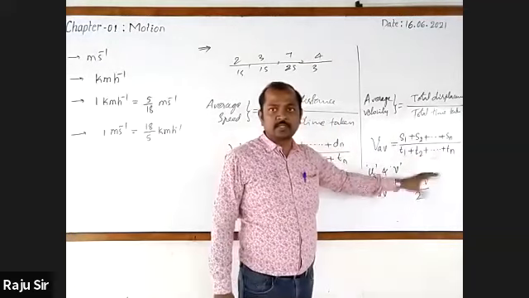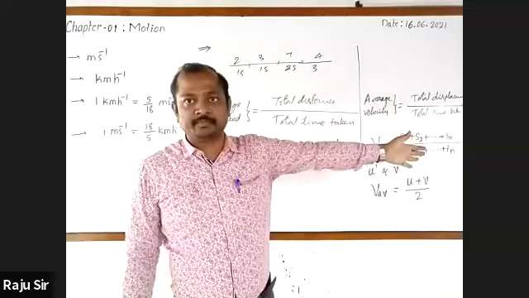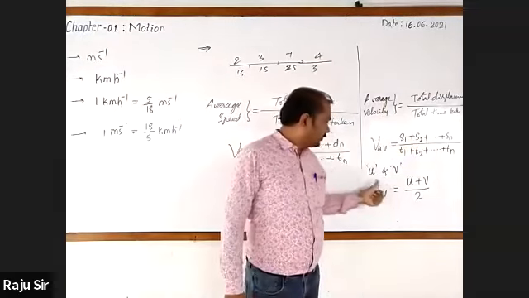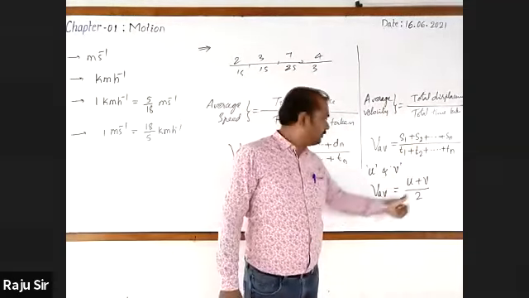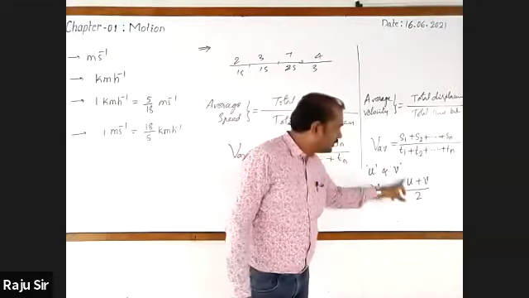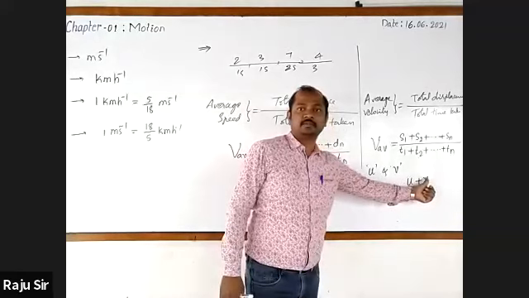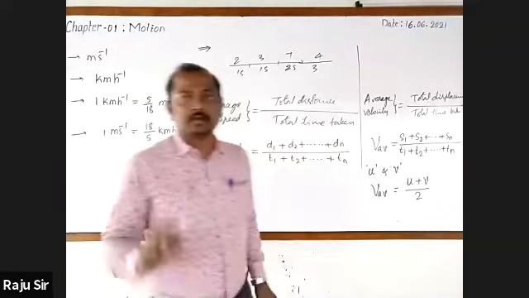Clear? It is to be considered when a body is moving in a straight line. To find out the average velocity, we use this formula. It can also be read as the arithmetic mean of initial velocity and final velocity. Clear?